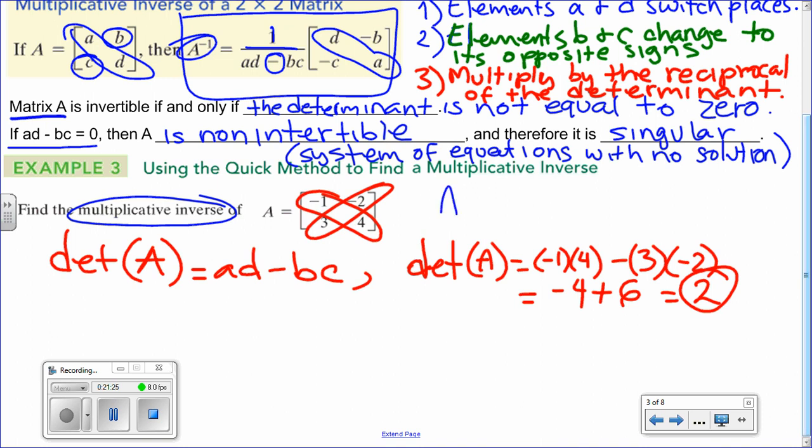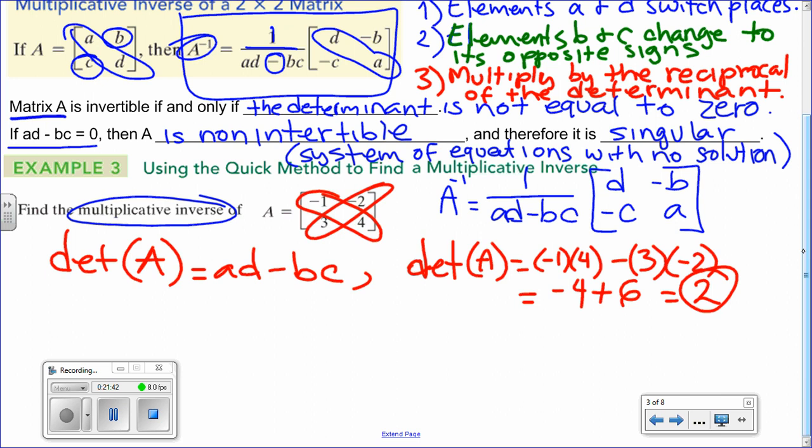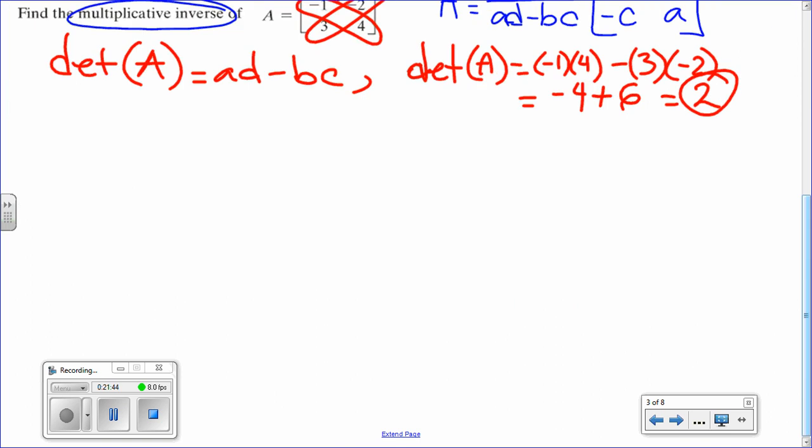So for A inverse, we need the reciprocal of the determinant. And then we multiply times A and D switch places, B and C change to opposite signs. So let's do that. So A inverse is going to be 1 over what number? 2.